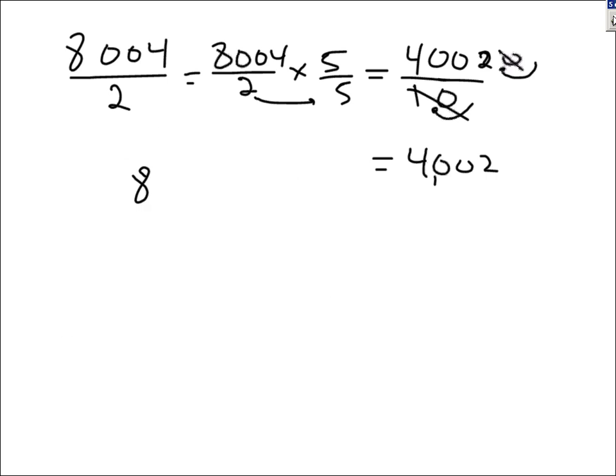Dividing by 2 isn't bad. I admit that. But if you said to divide by 20 instead, I definitely would have multiplied by 5 over 5, which would have gotten 100 on the bottom. And 100 is like dividing by 1 after you move the decimal.